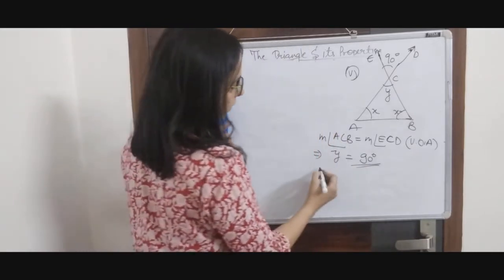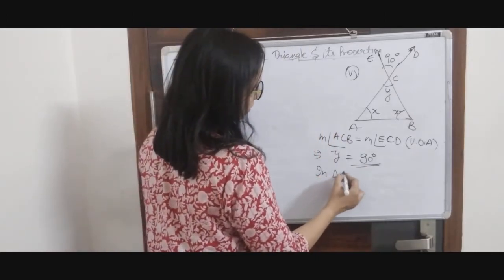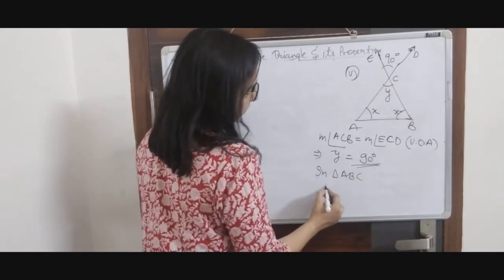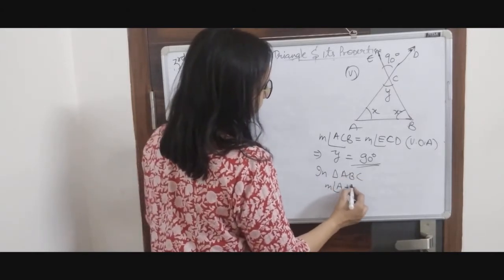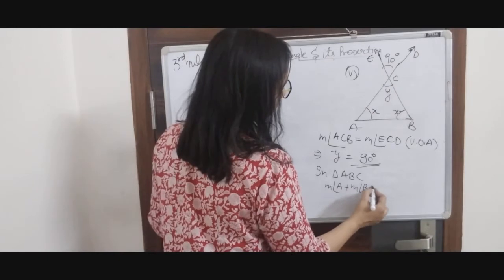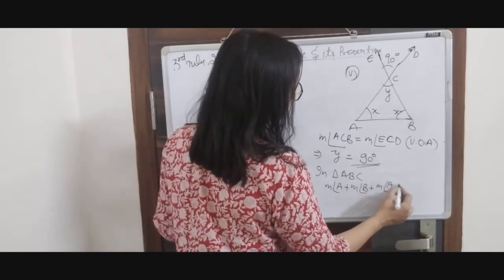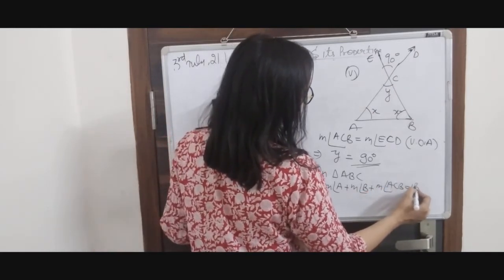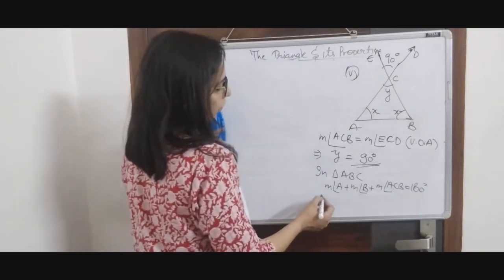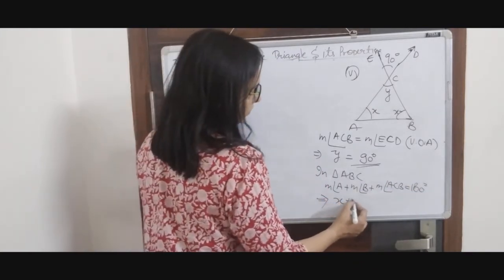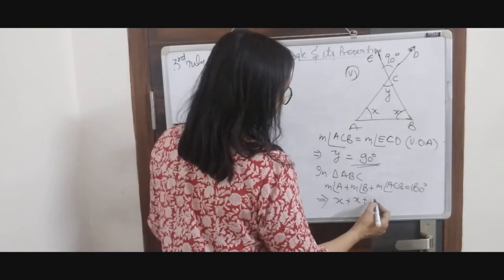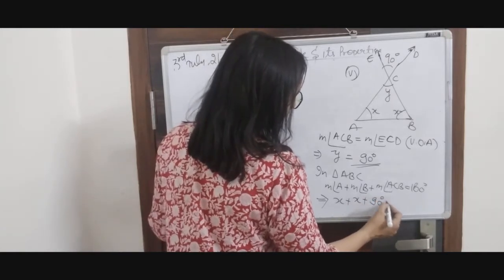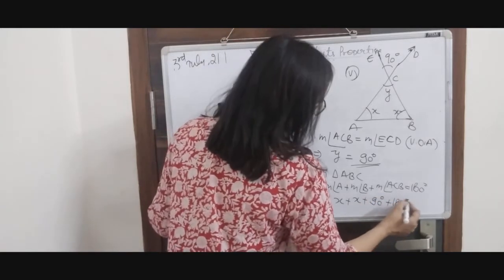Now in triangle ABC, measure of angle A plus measure of angle B plus measure of angle ACB is going to be 180. Now I am going to write all the values. A is x, B is x, and this is y, which is 90 degree. Okay, 180.